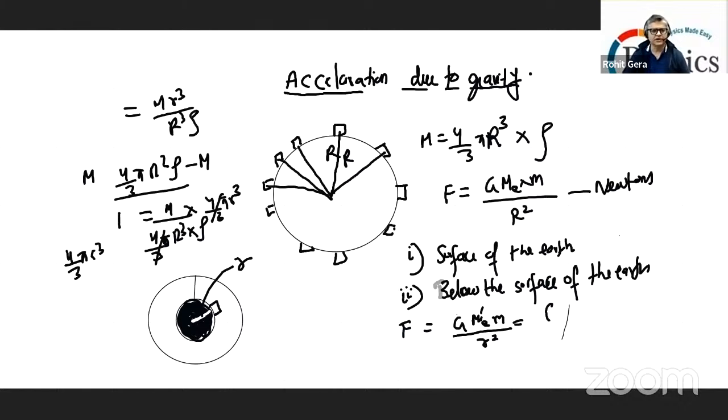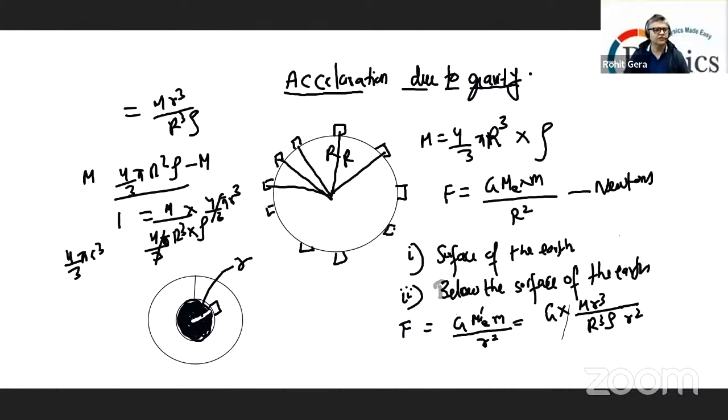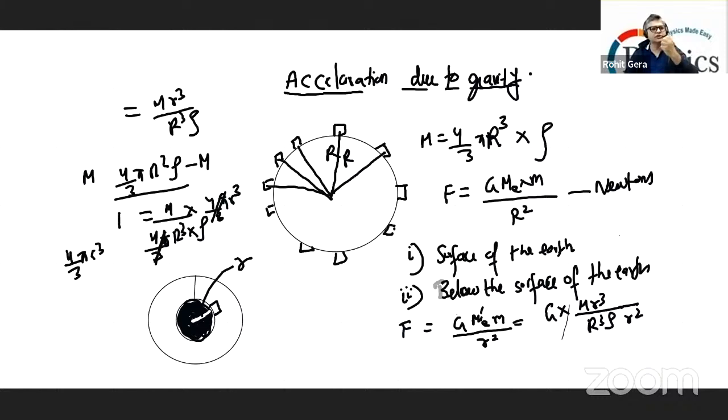G into M r cube by R cube rho upon r square. This is the new force. हाँ, और पाई ये तो कट गया ना 4/3 पाई रेशियो प्रोपोर्शन से. ठीक ठीक. बड़े गोले का इतना मास, छोटे गोले का कितना मास.